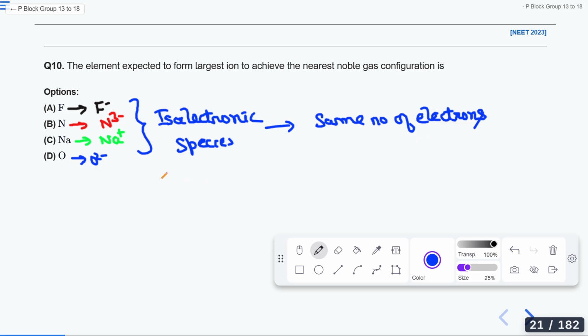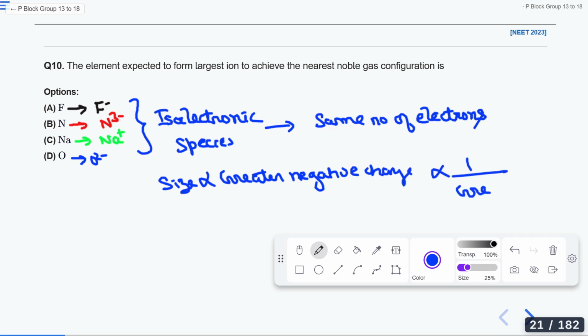Remember that size is directly proportional to greater negative charge, and inversely proportional to greater positive charge.